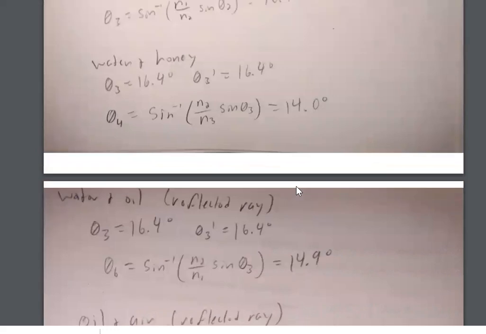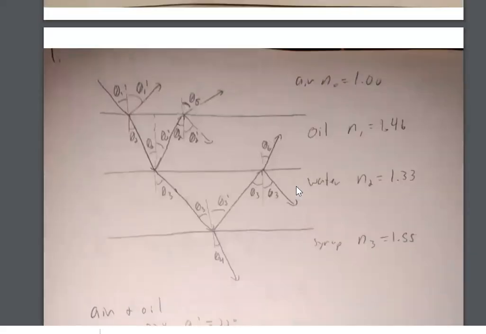All right, now the symmetry here is important. Because all of these layers are flat, and it just keeps getting reflected and refracted, this theta 1 is going to be the same as our theta 5 here. It came in at an angle of 22 degrees, which means it's going to leave at an angle of 22 degrees. Similarly, our theta 2 here is going to be the same as our theta 6 here.